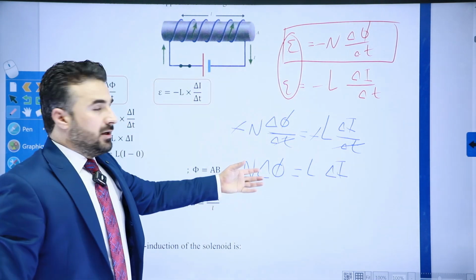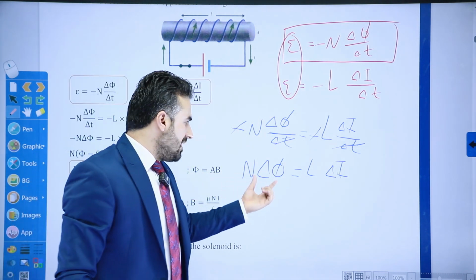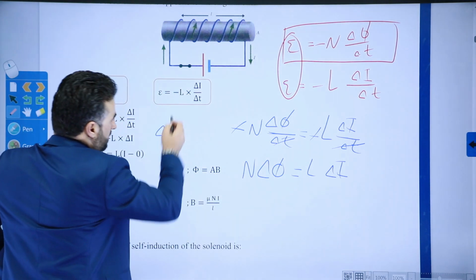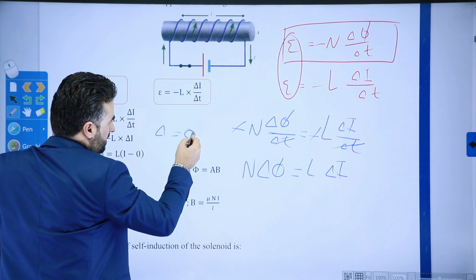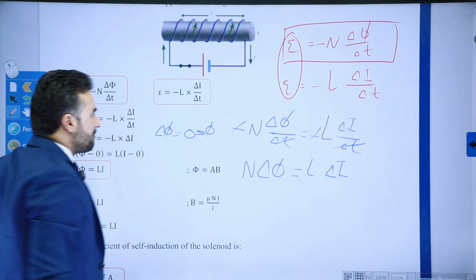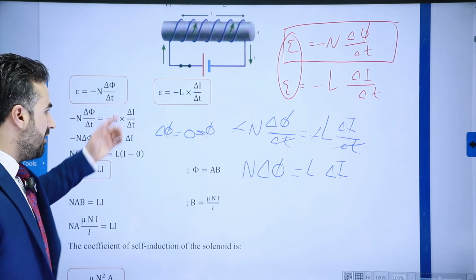But remember, the change in the magnetic flux is going to be from 0 to a certain value, let's say flux 2, or whatever you want to call it.